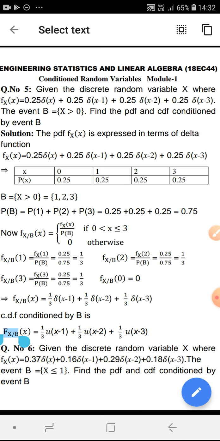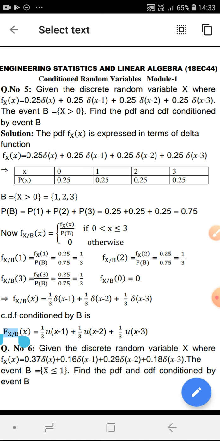Now we go for the conditioned probability density function f suffix x slash b of x, conditioned by B, which will be equal to the numerator probability density function fx of x divided by p of b for x greater than 0 and less than or equal to 3, and 0 otherwise.